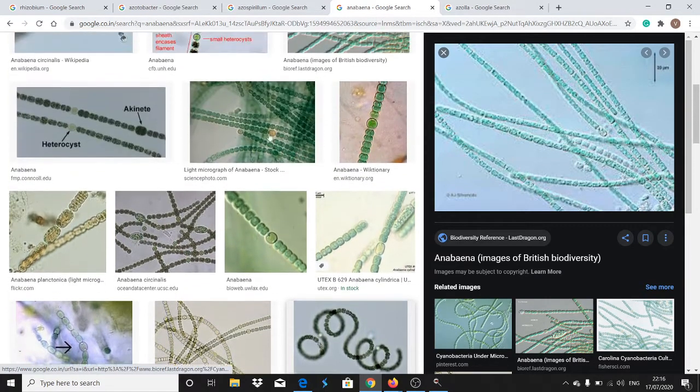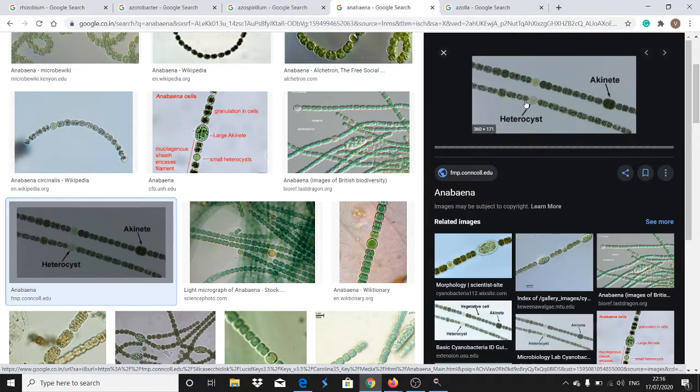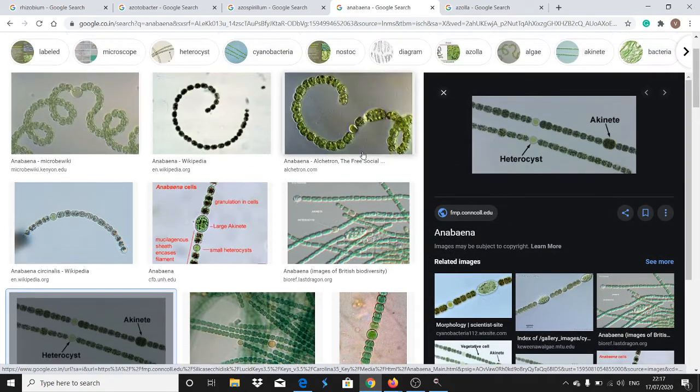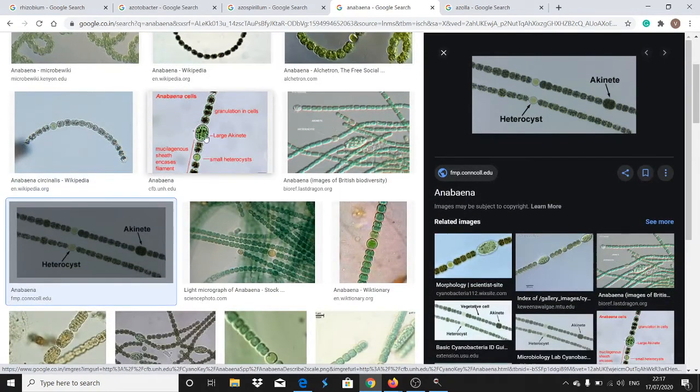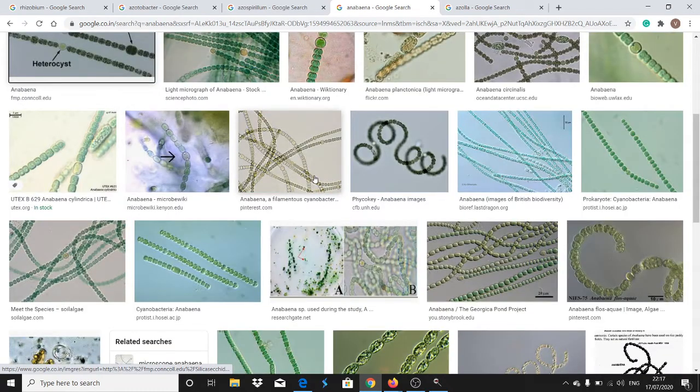You can observe in this, these are the heterocysts. They are colorless cells. The other cells are different in color, while the heterocysts are not colored. They are colorless. So that's all about Anabaena.